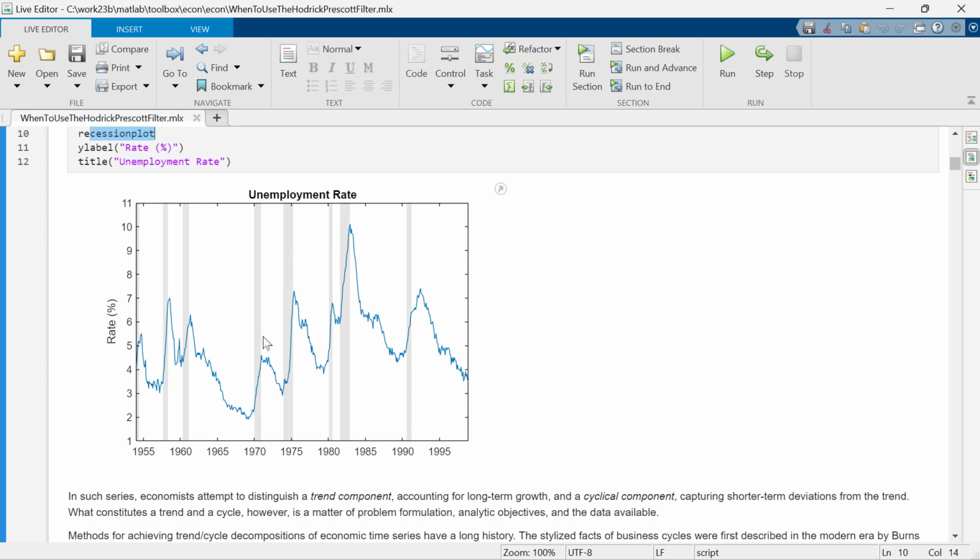So you can overlay those here, and you can see that the unemployment rate generally has a sharp upturn during these recession periods and then a more gradual downturn during the expansion periods between the recessions like this. But there is a, in quotes, cyclical behavior here that you can see, and perhaps a kind of underlying trend as well.